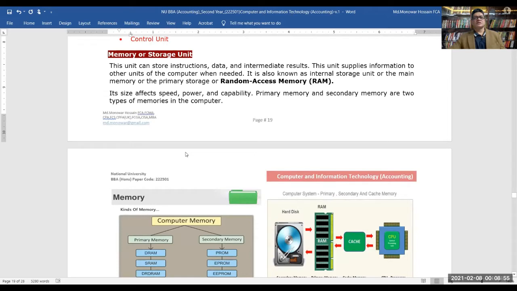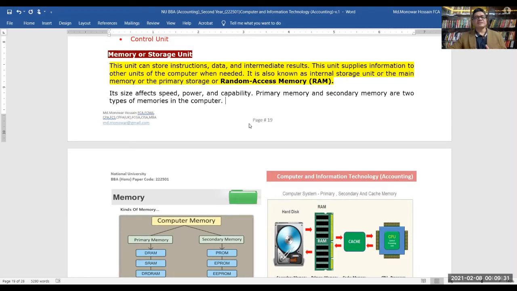Memory or storage unit: this unit can store instructions, data, and intermediate results. This unit supplies information to other units of the computer when needed. It is also known as the internal storage unit, or the main memory, or the primary storage, or random access memory, that is RAM.